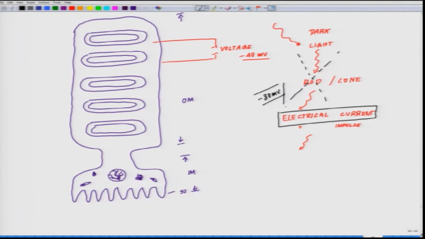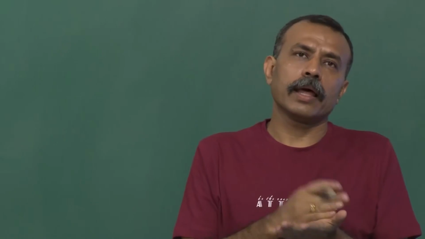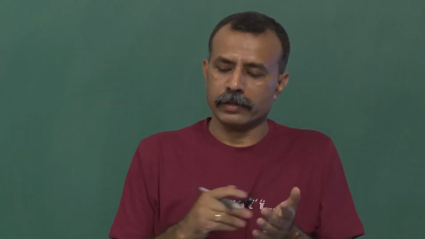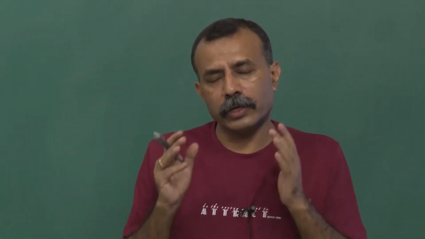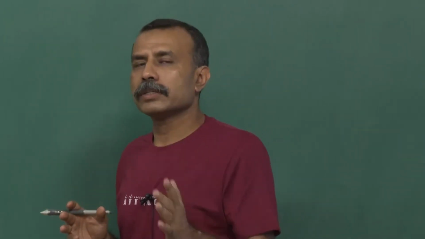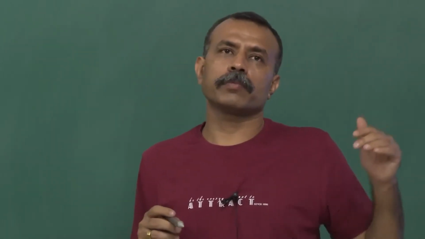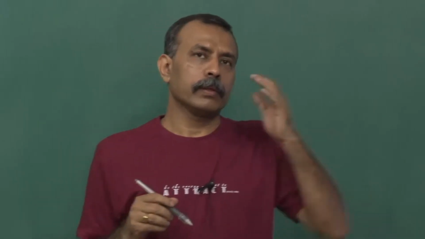Instead, when it is dark, you see the membrane voltage is minus 40 millivolt. It seems that in the dark there is a flow of current, and in the light there is no flow of current. Just opposite. So, here be careful, it is just opposite to the situation you have come across as of now.